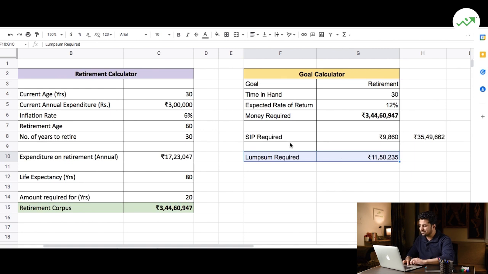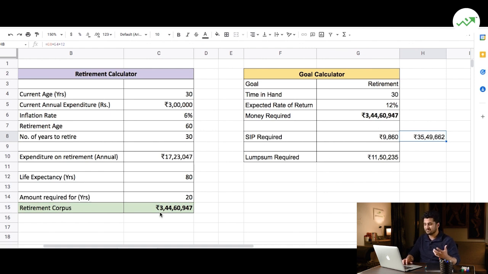So these are the two ways, your SIP and your lump sum, and how you can get started. If you started investing 9,860 rupees from today for the next 30 years every month, in total you invest about 35 lakh rupees, and using the advantage of compounding, you'd be able to create a corpus of 3.5 crore rupees.